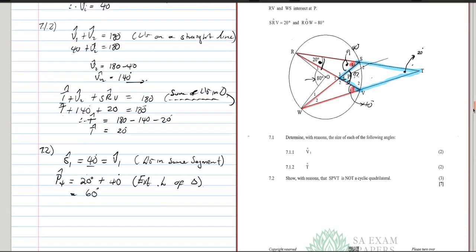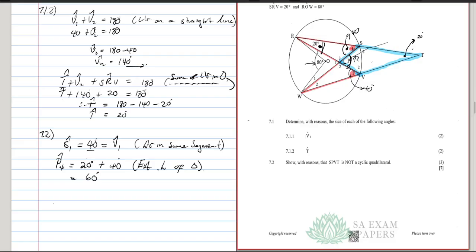Now we can test if that shape is a cyclic quad or not. Therefore, P4 added to T, it's 60 plus 20. I'm getting 80 degrees instead.